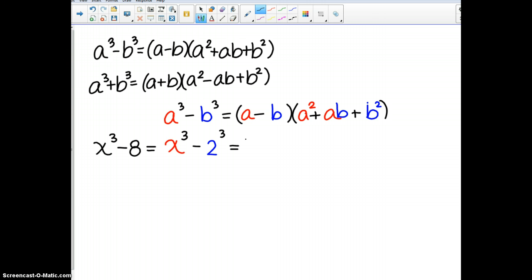Then when we go to factor, every place there's an a in the formula, I'm going to put an x. Every place there's a b in the formula, I'm going to put a 2.